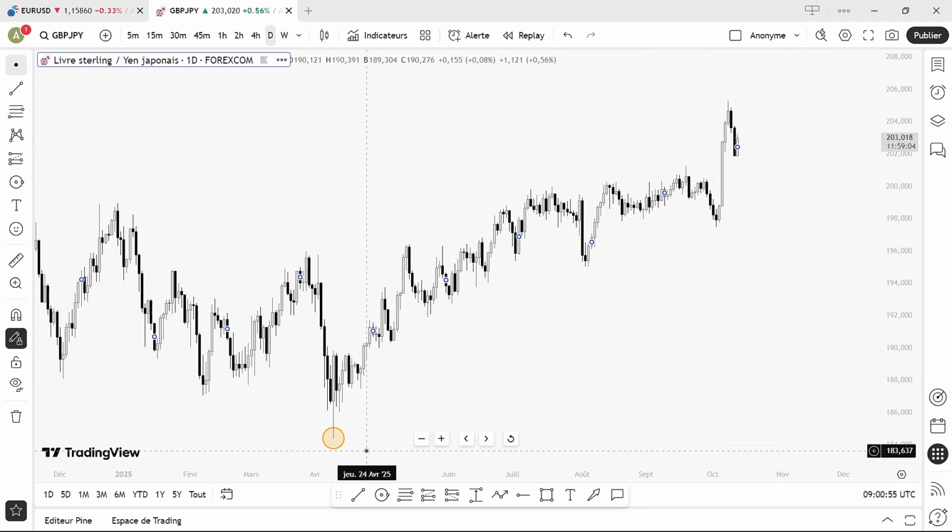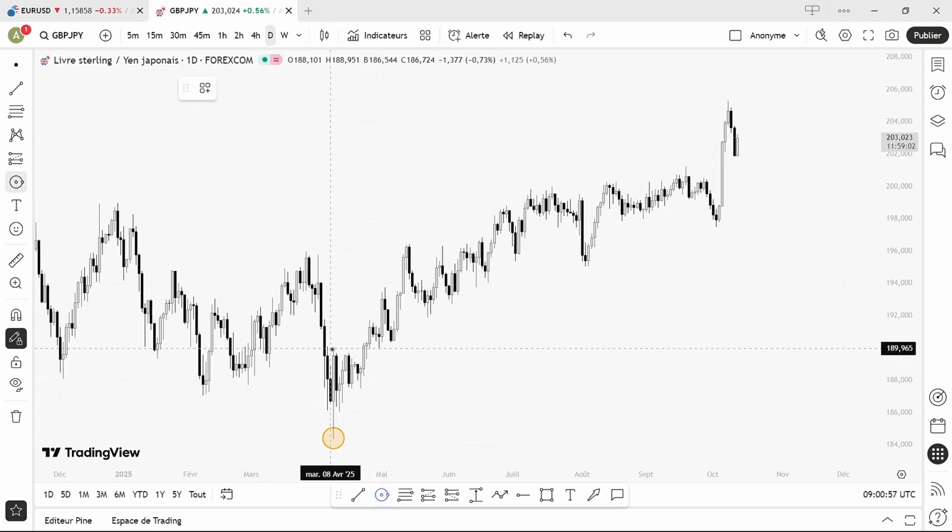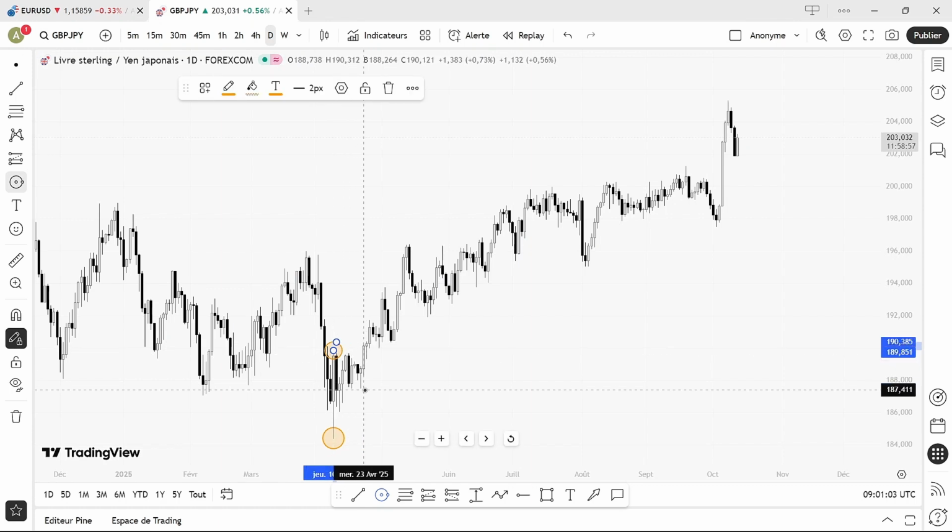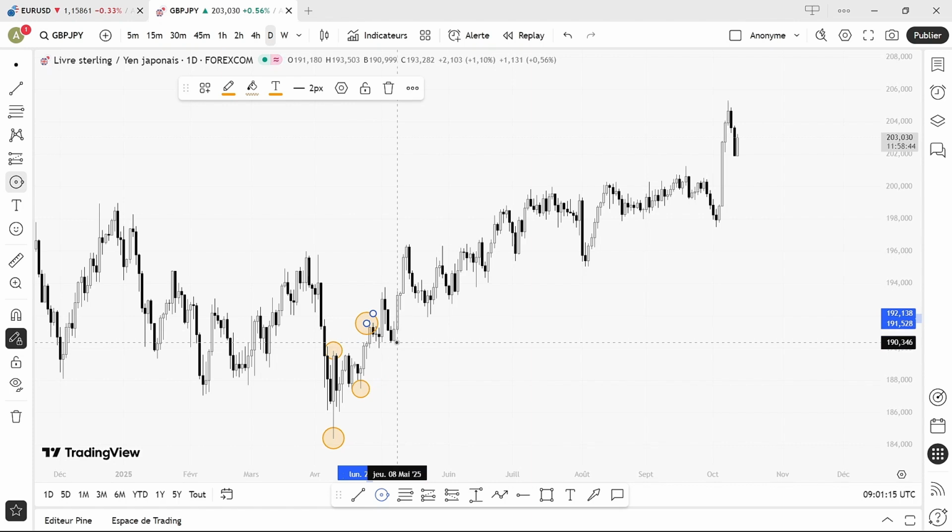Okay, so this is a higher high, market comes, puts in a higher low right here. This is a higher high right here, this is a higher low here, this is a higher high. So simply this is a trending market, meaning buyers are dominating the sellers, as simple as that.